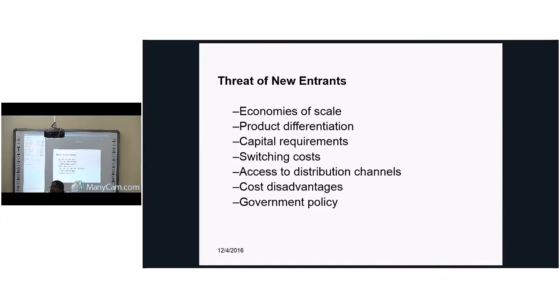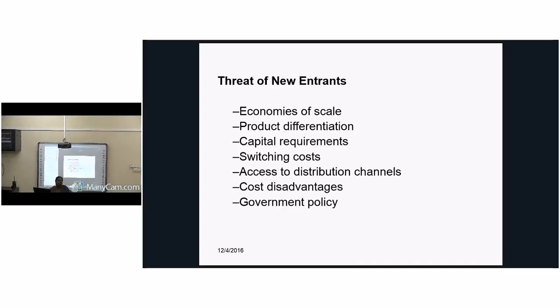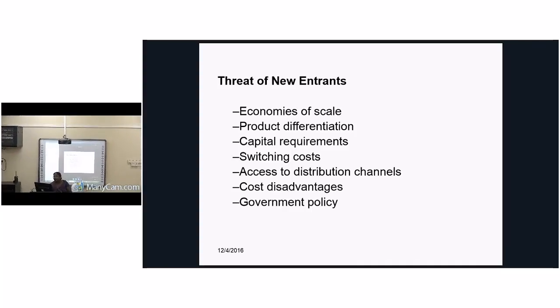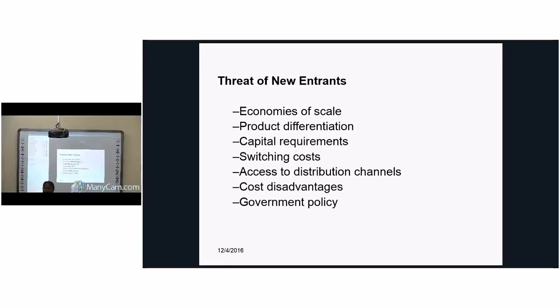Then threats of new entrants, in terms of economies of scale, product differentiation, capital requirement, switching cost. These are the ways new entrants put power over the industry.